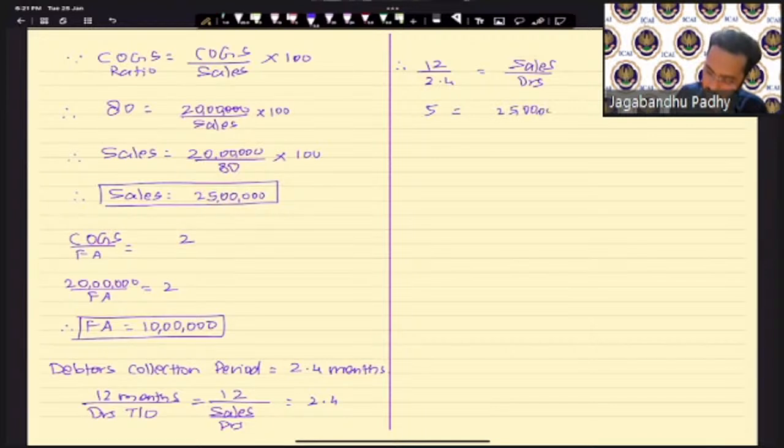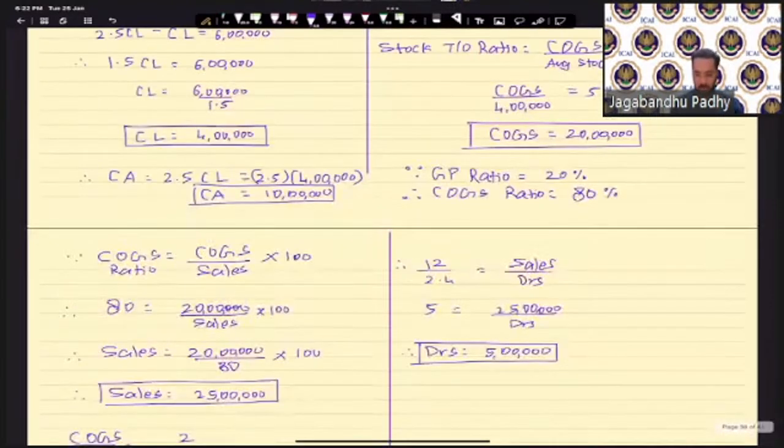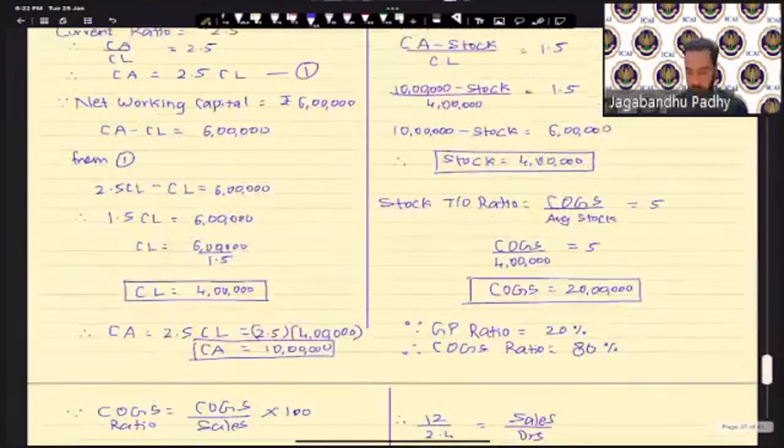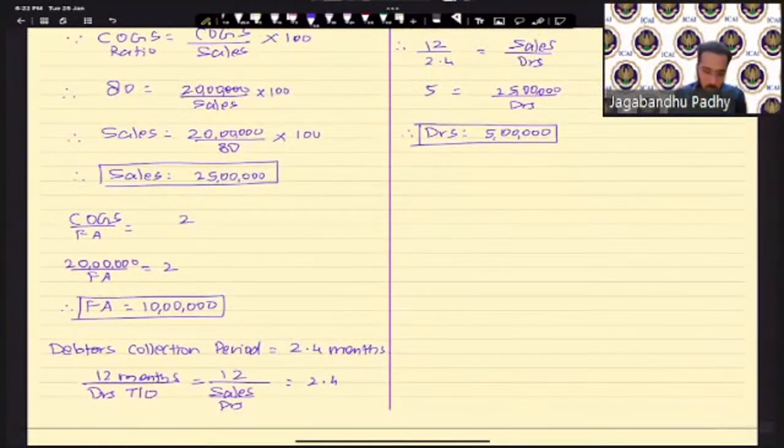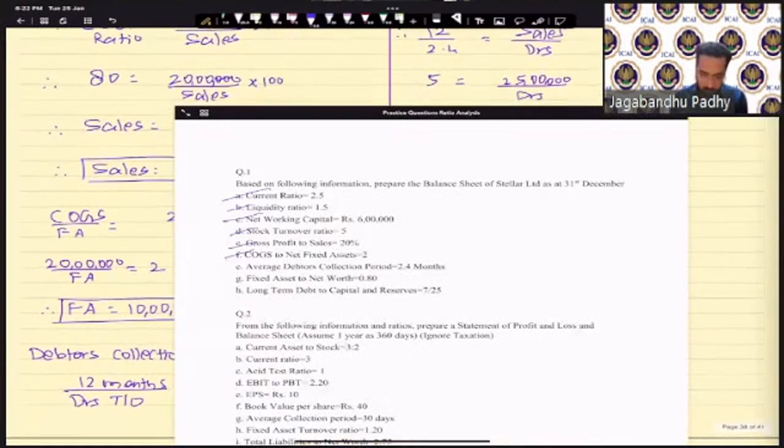So sales is 25 lakh divided by debtors. Therefore, the debtors value will be 25 lakh divided by 5, which is 5 lakh. Okay, so we got the debtors value to be 5 lakh. Right, guys? Great. So the next part is also done, which is we used the average debtors collection period.